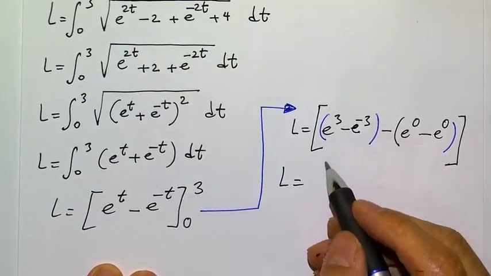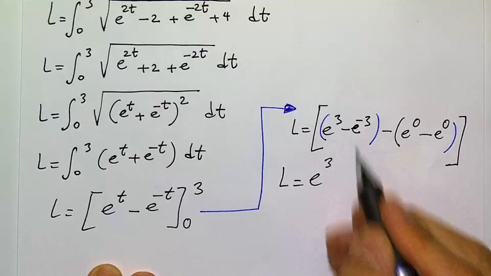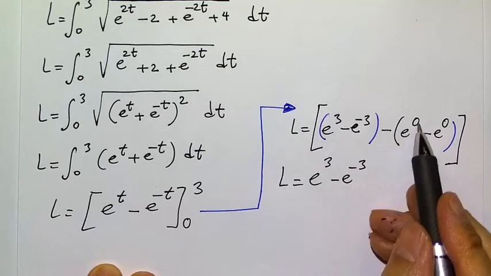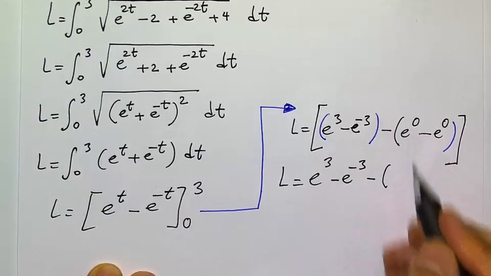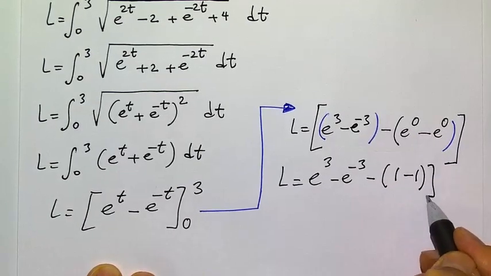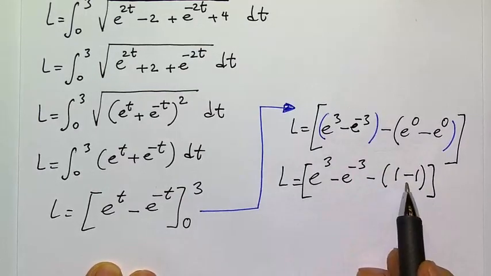And then so we have, let's see, what do we get? We get e cubed minus e to the minus 3 power. This is just 1 minus another 1. So that just adds up to 0, right?